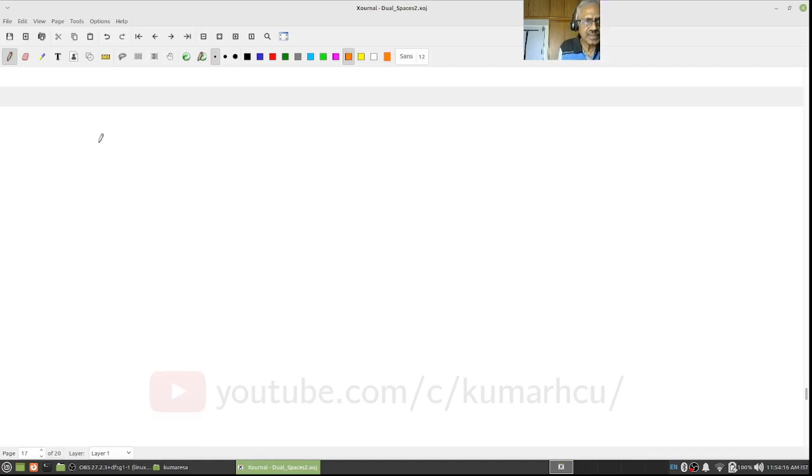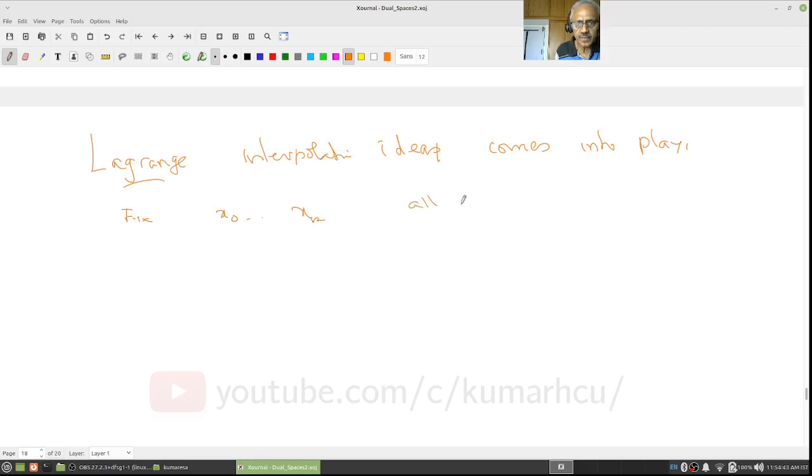So this is where the so-called Lagrange interpolation idea comes into play. Fix x0 to xk, all distinct.